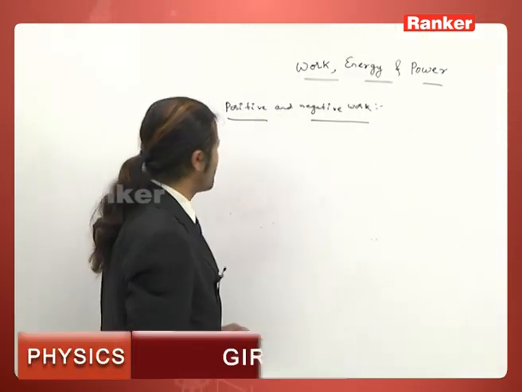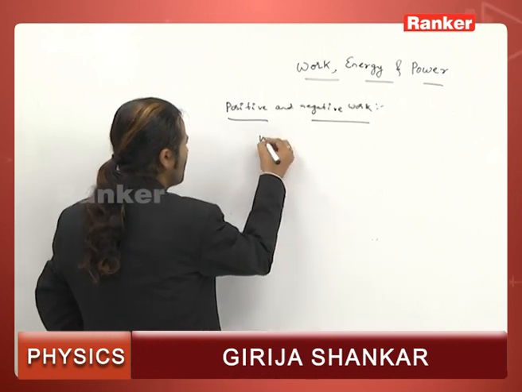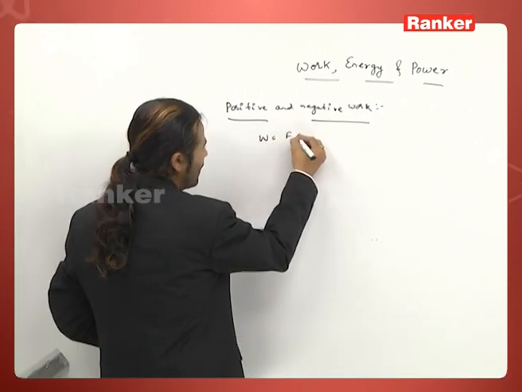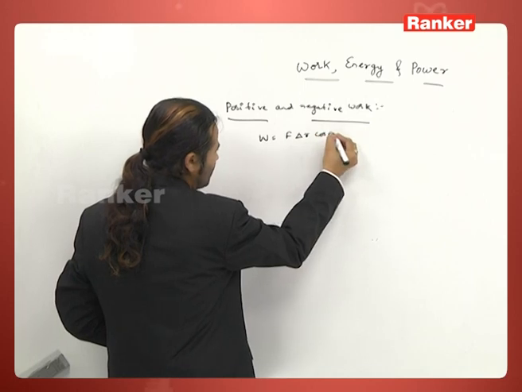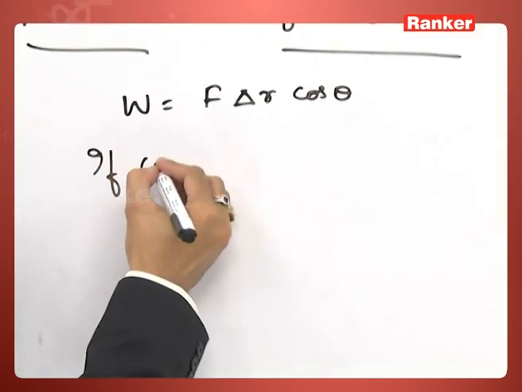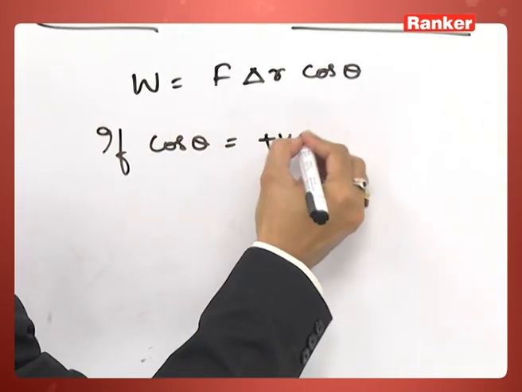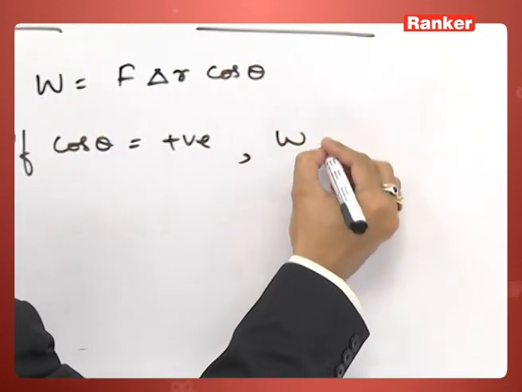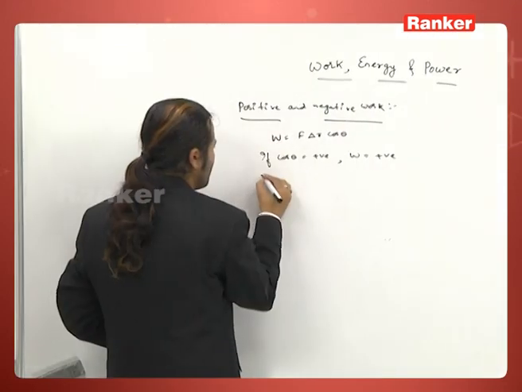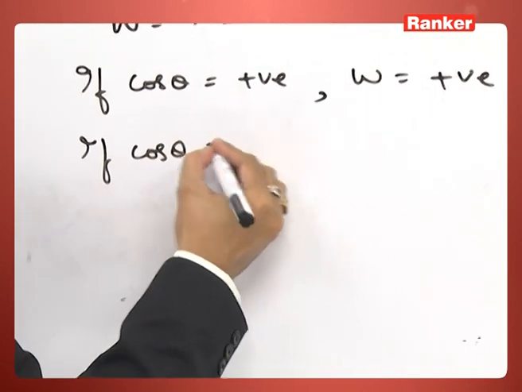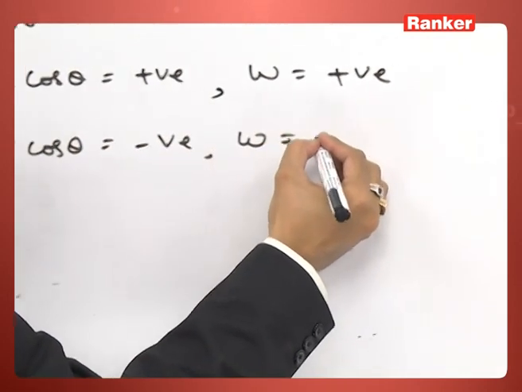We'll discuss about positive and negative work. Work is nothing but F delta R cos theta. If cos theta is positive, then W is positive. If cos theta is negative, work done is negative.